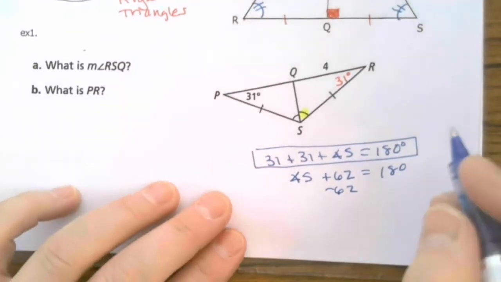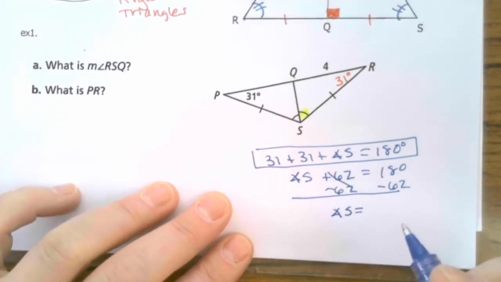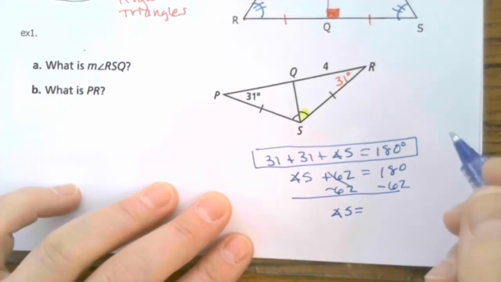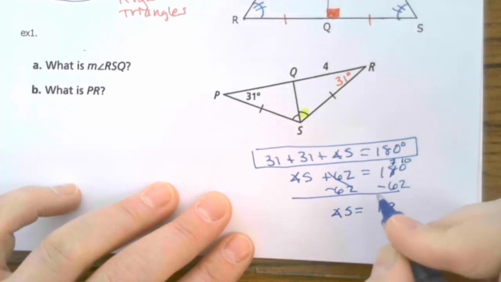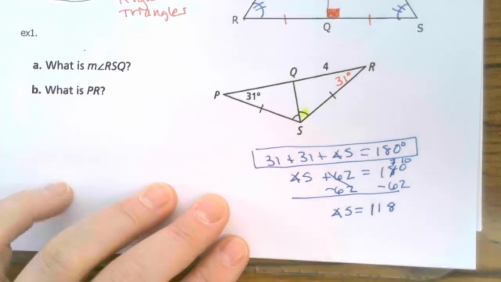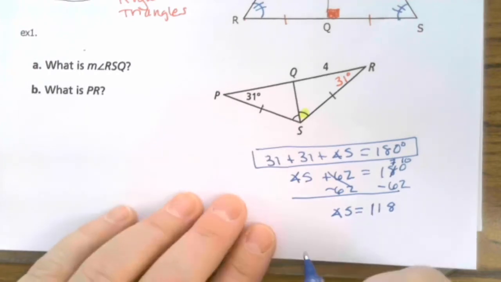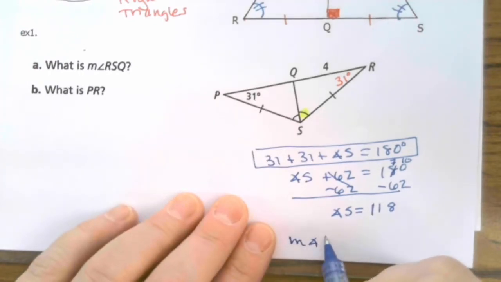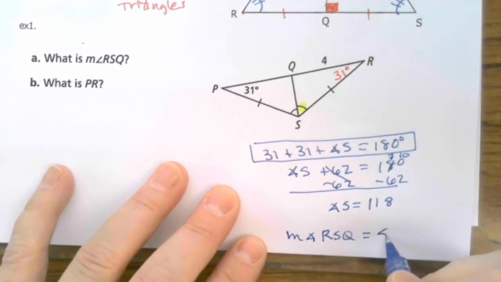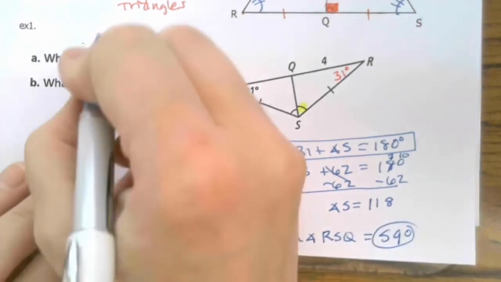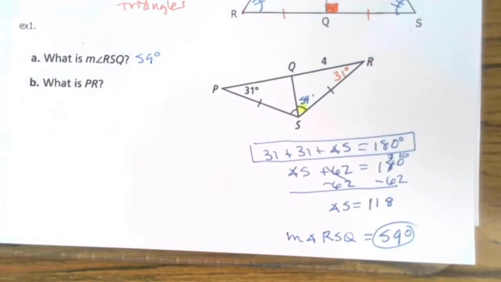Subtract 62. So angle S is 180 minus 62, which is 118. The one we want is half of that. So the measure of angle RSQ is half of 118, which is 59 degrees.